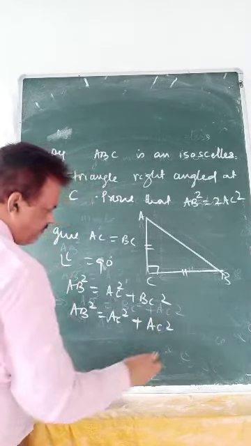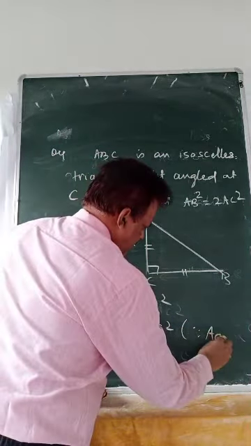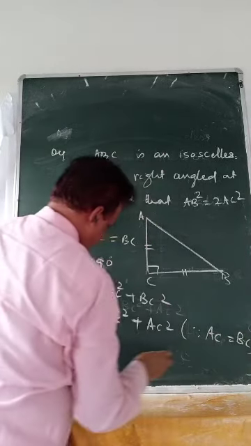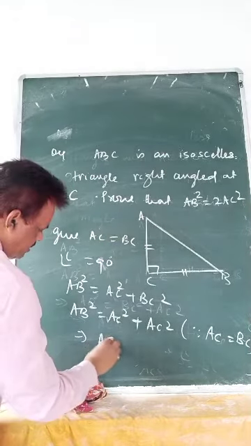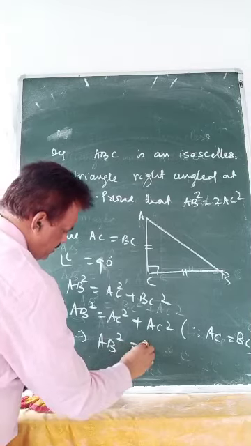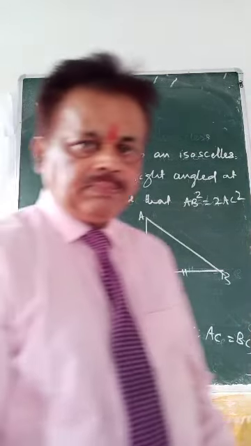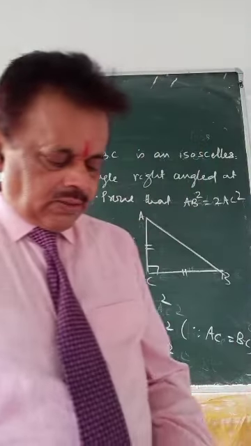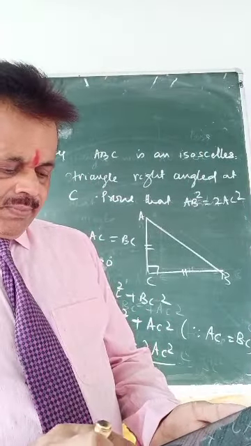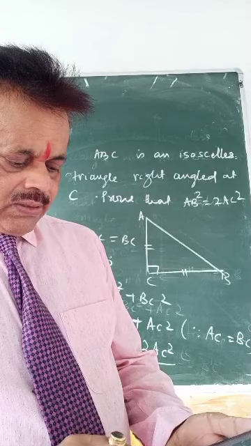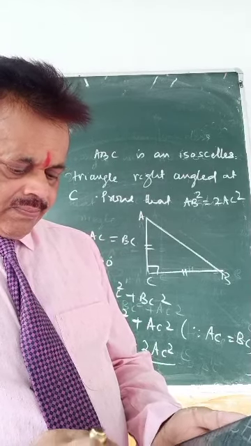So this implies AB square is equal to 2AC square. Okay.